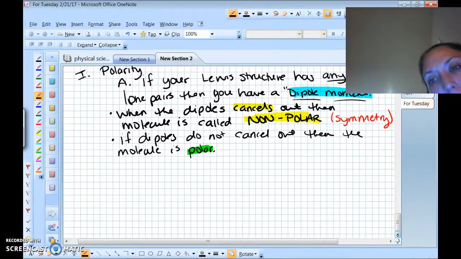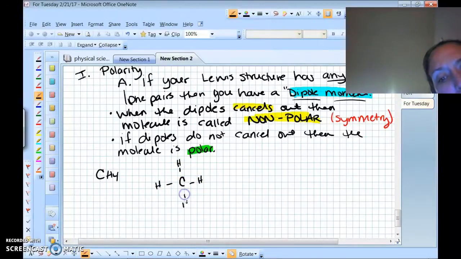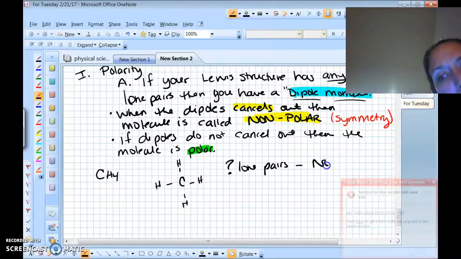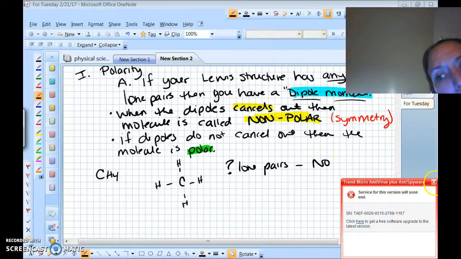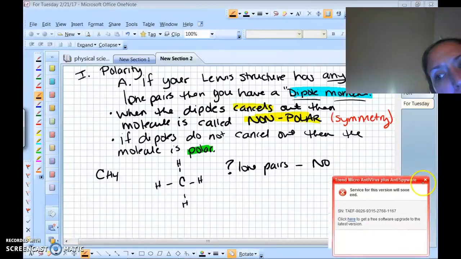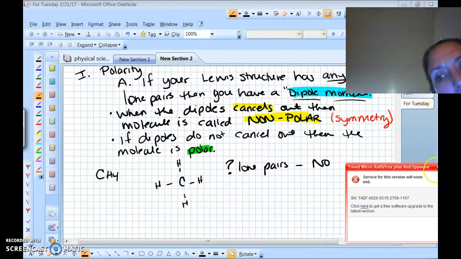So if we're going to be answering the question, is your molecule polar or not? Let's say we have something like CH4. Okay, it looks like this. Are there any lone pairs? Is question number 1. The answer is no. There are no lone pairs. If there are no lone pairs, that means it has 0.